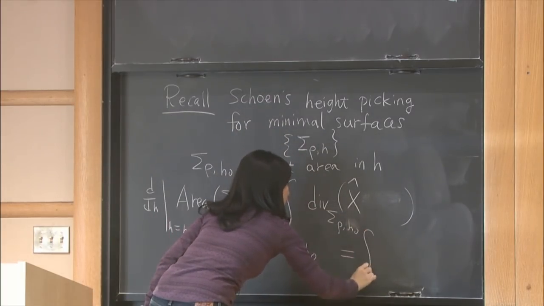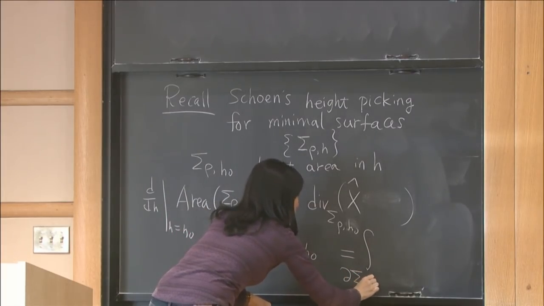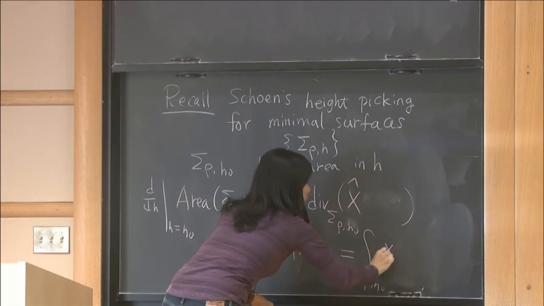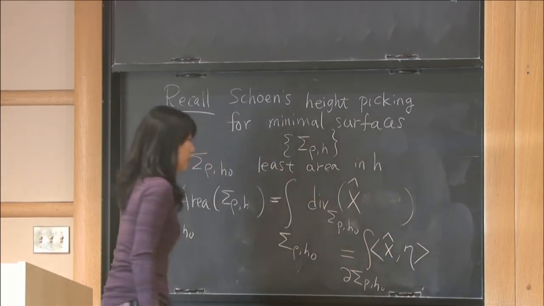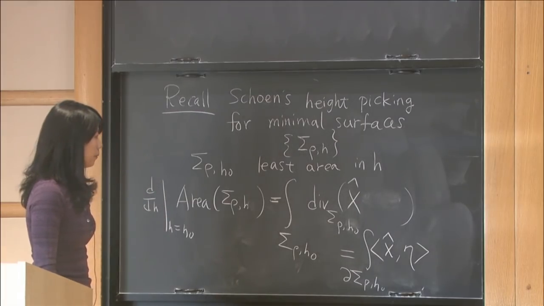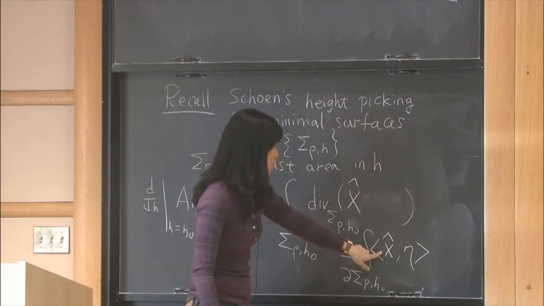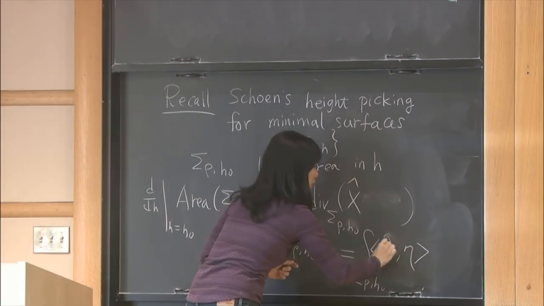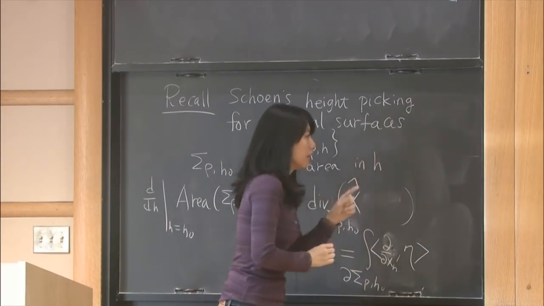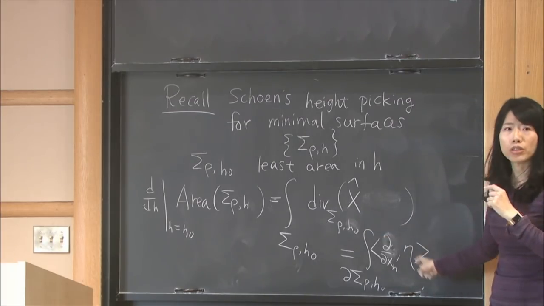So this will be the boundary integral. And here you can also replace, just because we know on the boundary X is the vertical direction. And the upshot is this quantity is exactly given by the derivative of this boundary term.